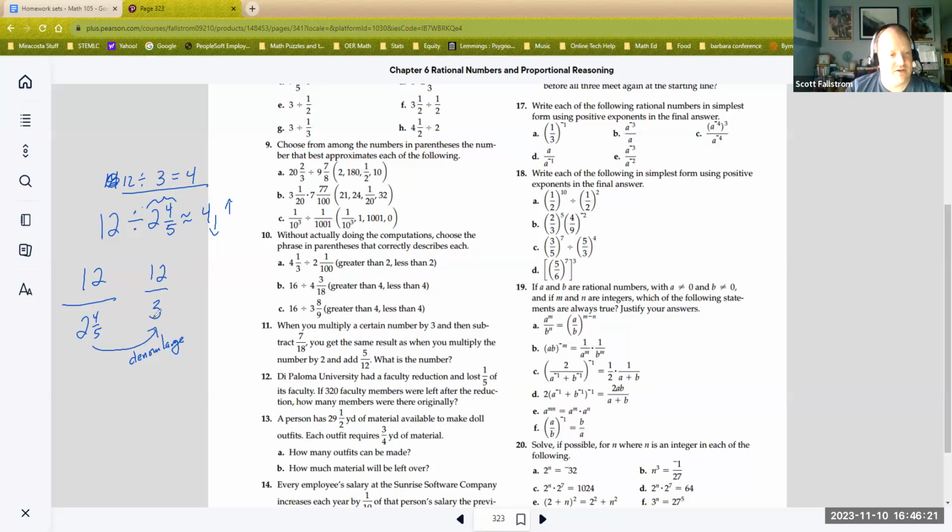Okay, so 12 divided by 3, if you want to keep going, 12 divided by 4 is 3. 12 divided by 3 is 4. So what I want you to see is as the denominator gets larger, the quotient gets smaller.